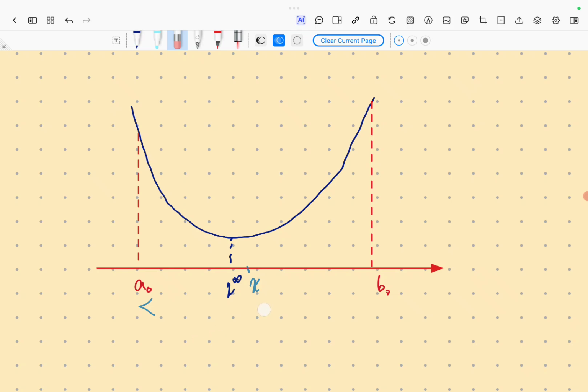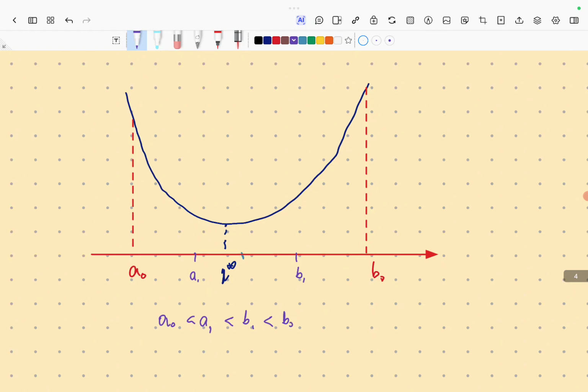Any questions? Fine, let's say that we do the following. I start with a0, b0. In my next step, I'm going to pick some a1, b1 such that a0 is less than a1, which is less than b1, which is less than b0.